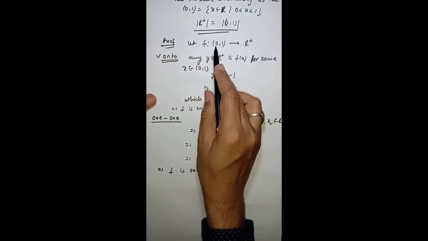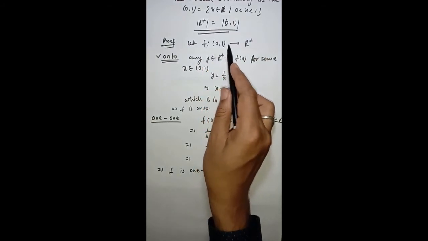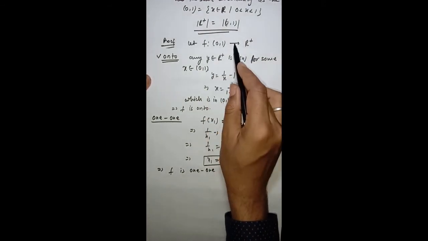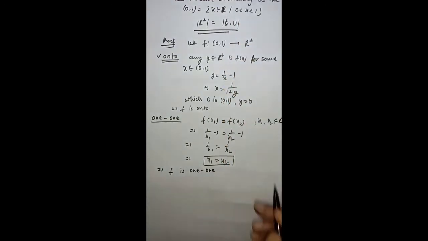So we have proved that there exists a function from the open interval (0, 1) to the set of positive real numbers which is 1-1 and onto. That means the cardinalities of the two sets are equal.